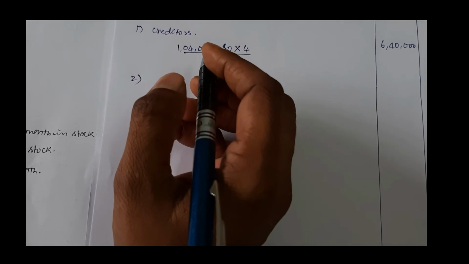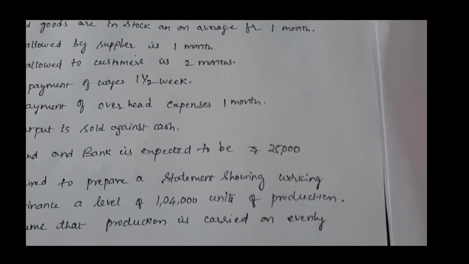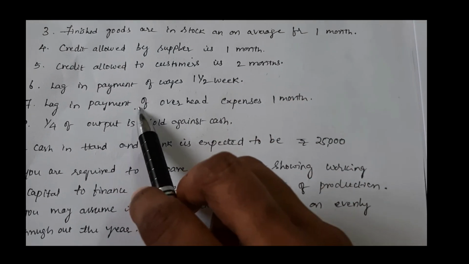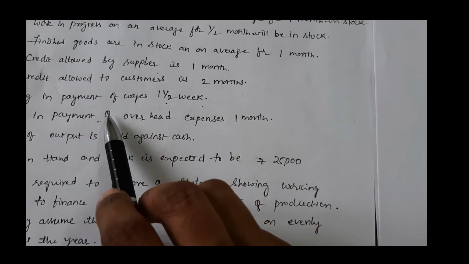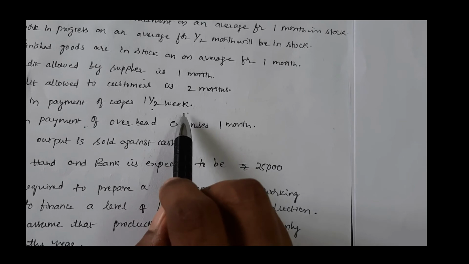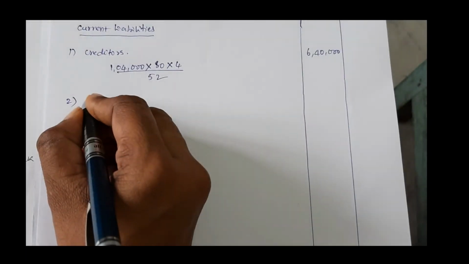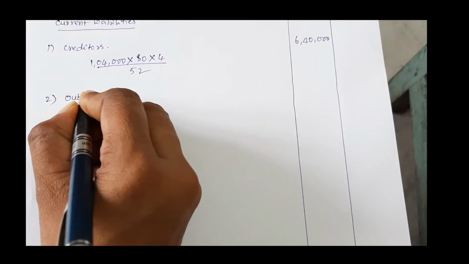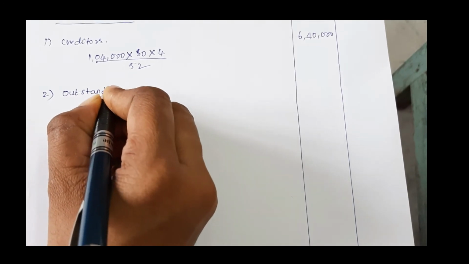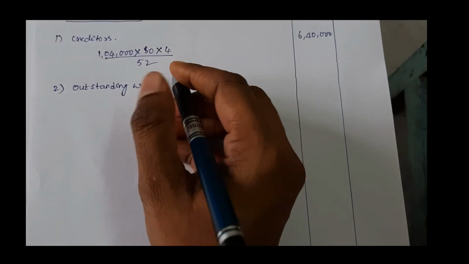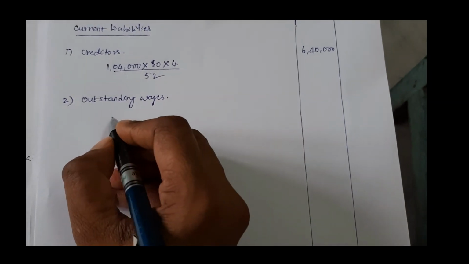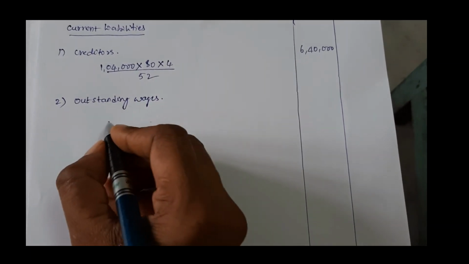Now here it is given lag in the payment of wages 1.5 week. So there is an outstanding expenses of wages which will be considered as current liability.